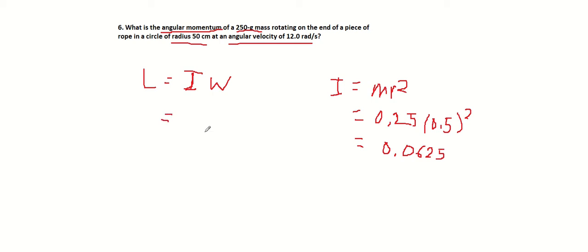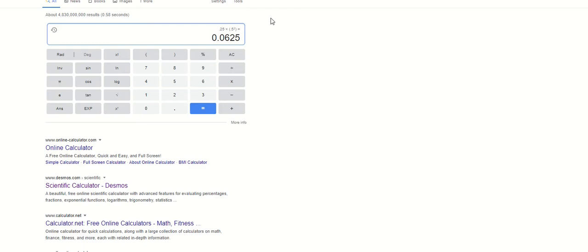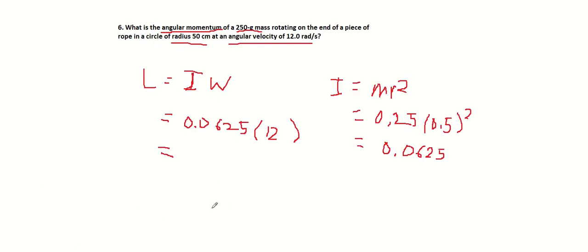Pwede na tayong mag-substitute since meron na tayong moment of inertia. 0.0625 times natin doon sa angular velocity na 12. So, 0.0625 times 12. Ang angular momentum is 0.75. Tingnan natin, ano ba yung unit ng angular momentum?